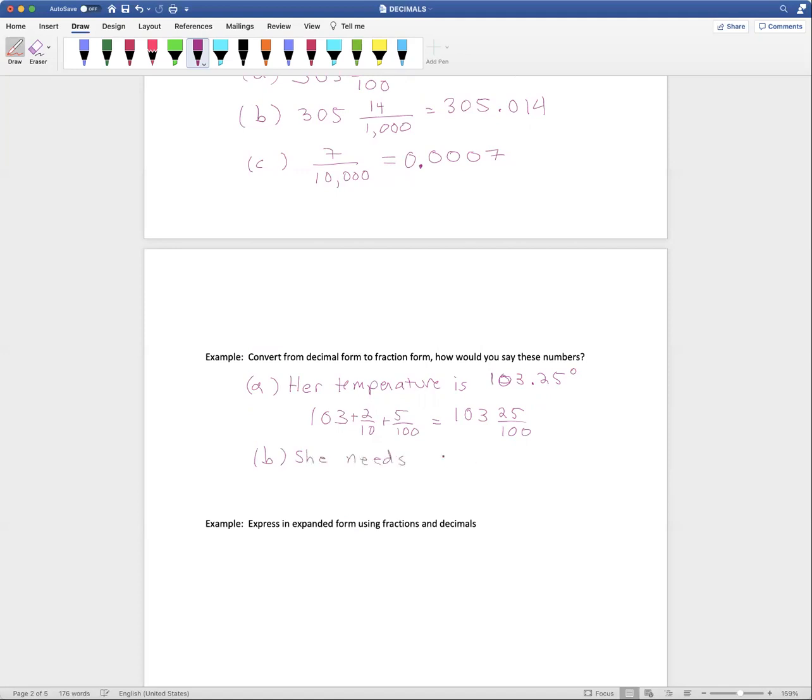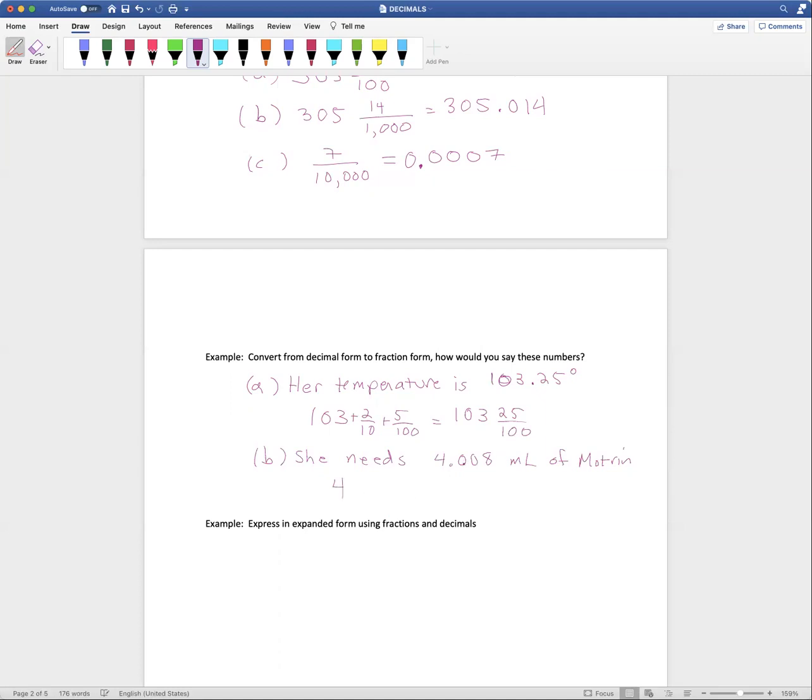She needs 4.008 milliliters of Motrin. Well, what does 4.008 milliliters of Motrin look like in fraction form? That's the same thing as saying 4 wholes, right?